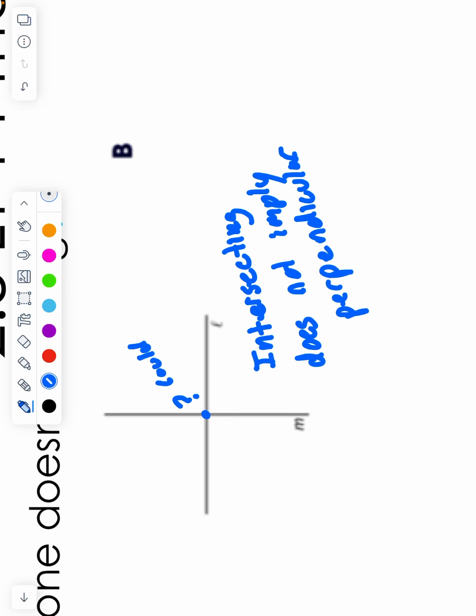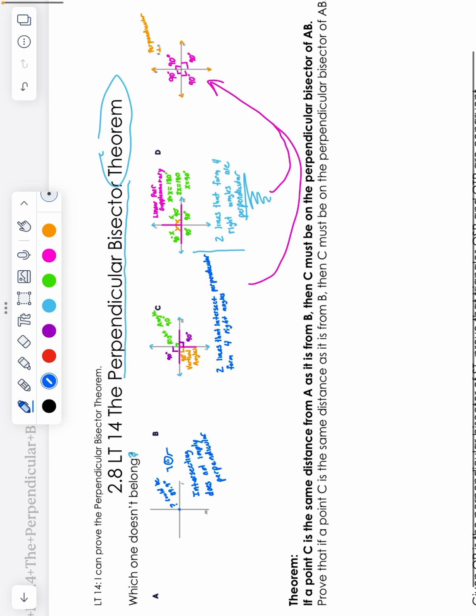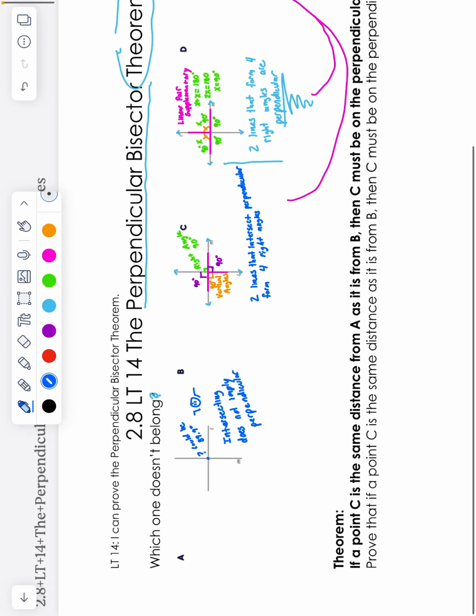Could be 89.9 degrees. And then we'll do like the shrugging emoji. Like, we don't know. What could it be? We just don't know. So which one doesn't belong, in my opinion? A. I know you could make valid arguments for other ones, but that's the one I'm sticking with.